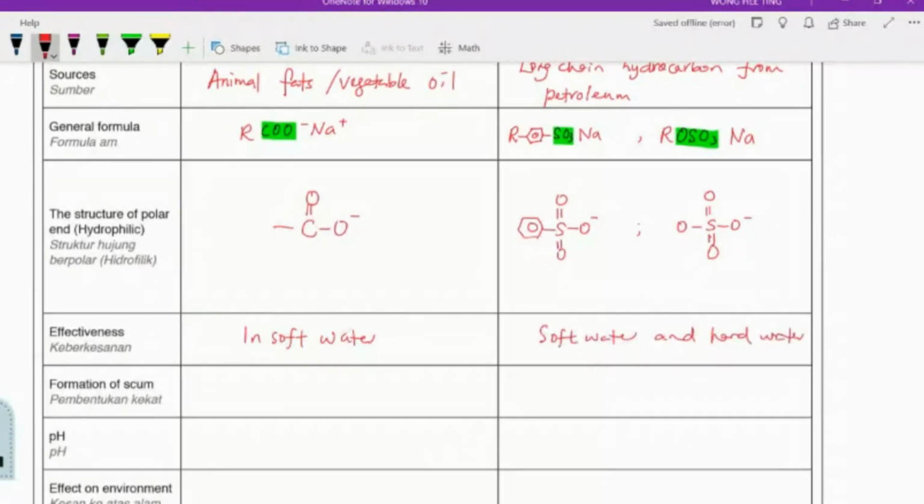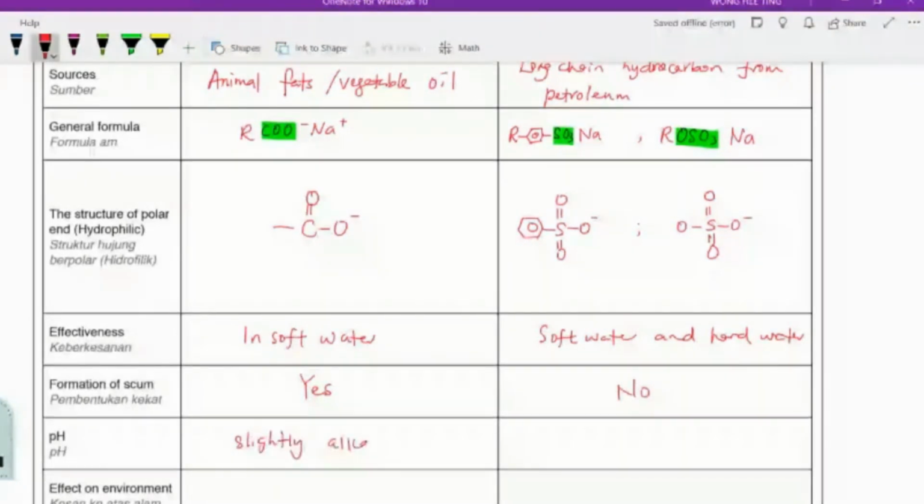Formation of scum: soap, yes, it will form scum. Detergent, no.